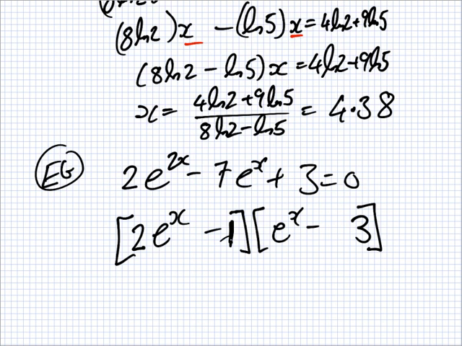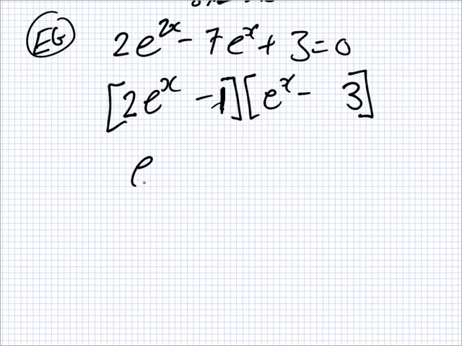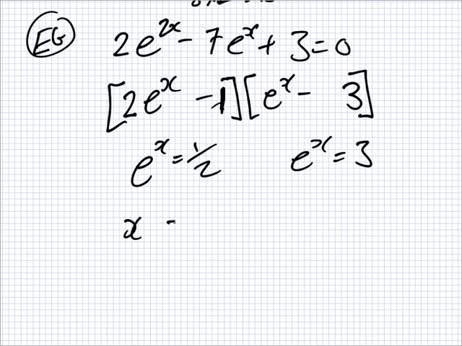That's good, because that gives us e^x equals a half, and e^x equals 3. So x equals log of a half, and x equals log 3. But how do you get 7e^x out of 1 and 3? That'll be 2 times 3. Enough said.